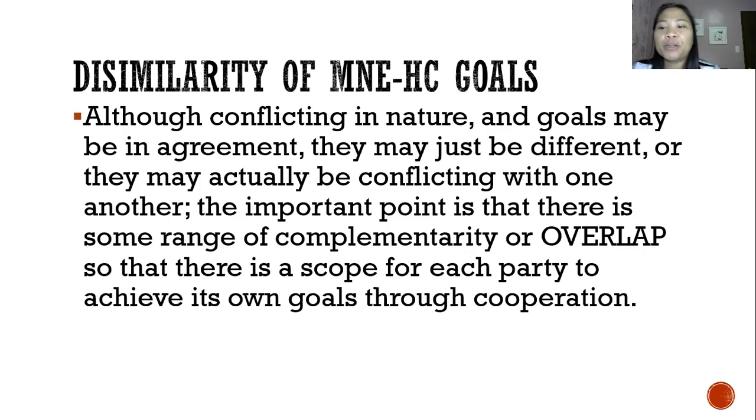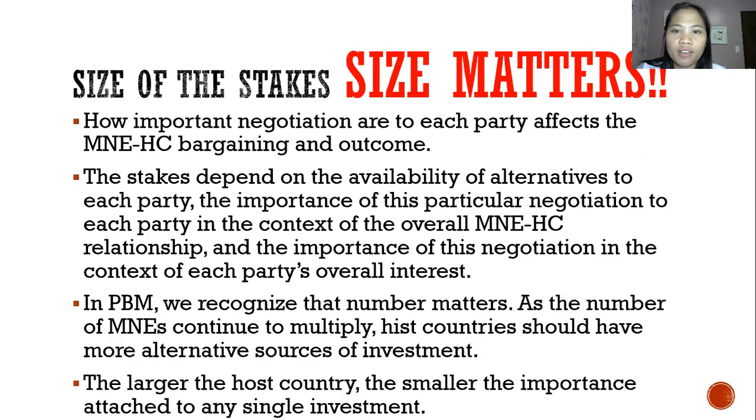But the most important point in every negotiation is that somehow, in some range, there is a complementary or at least overlapping so that there is a scope for each party to achieve its own goal through cooperation. So therefore, the relationship is not more of a competitive relationship, but rather cooperative.